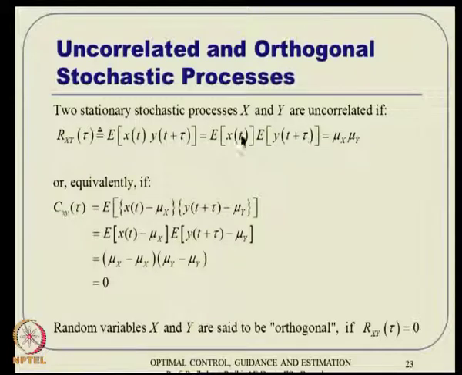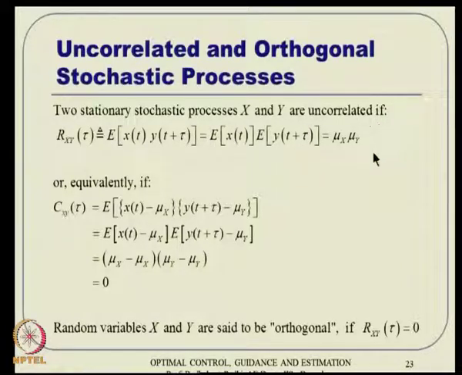So, if you talk about stochastic processes x and y, and somebody tells you these are uncorrelated, then this result can be used actually. And in fact, we will use this many times in the Kalman filter derivation, because process noise to sensor noise is uncorrelated, and initial condition to sensor noise is uncorrelated. You will see many things getting used there.